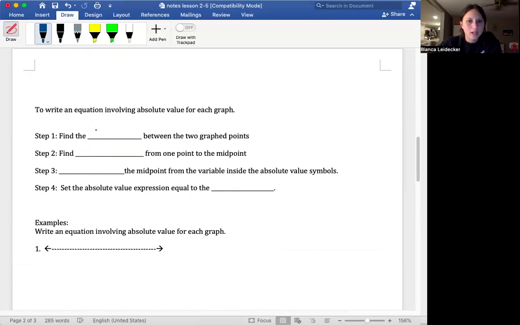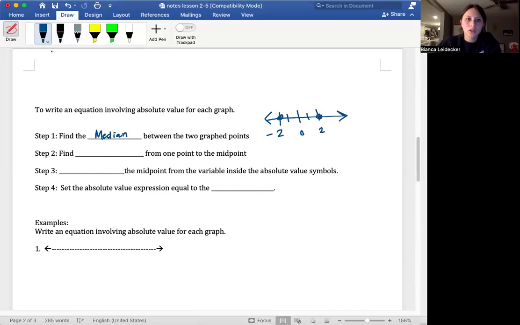Step 1, find the median between two graphed points. So if you have, let's say, actually this would be -2 and 2. And these are your two points that are graphed.